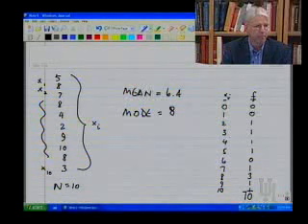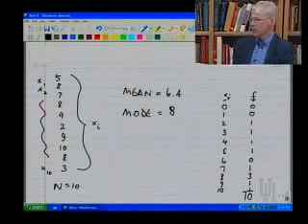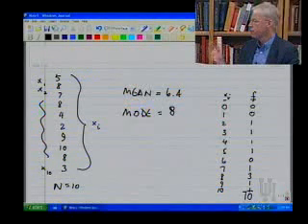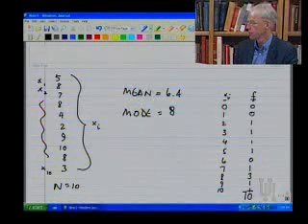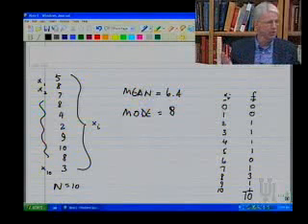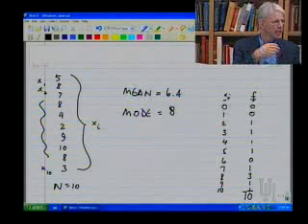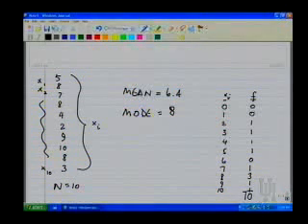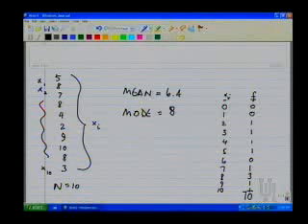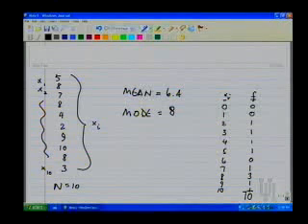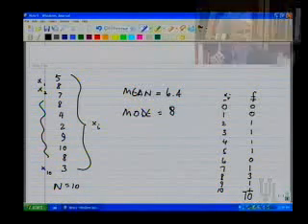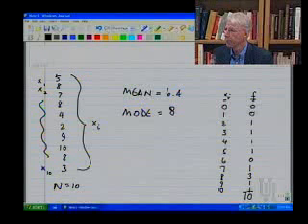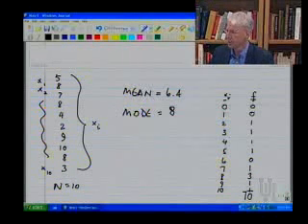Would you agree? Would you agree as well that there can only be one average or mean to a set of scores? You can't have the same set of scores and compute 3 means for it. You can, however, have distributions that are, this distribution is unimodal. It has one mode. You can clearly have distributions that are bimodal or trimodal and so on.